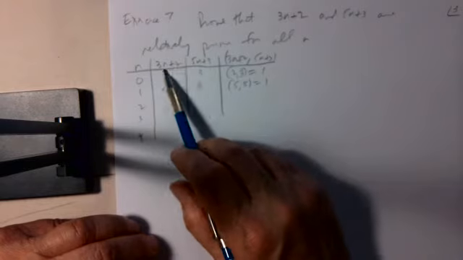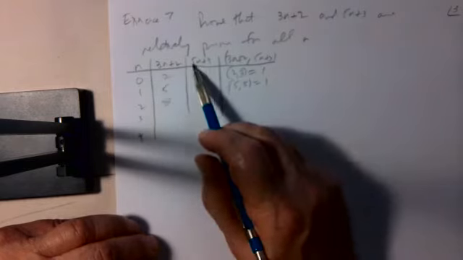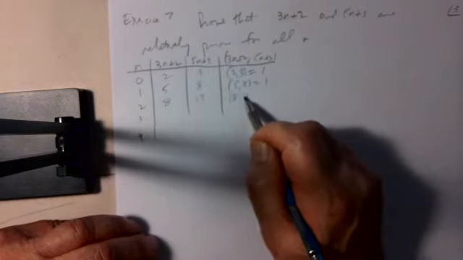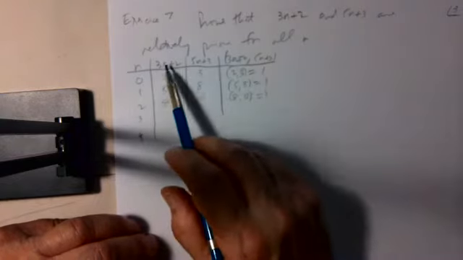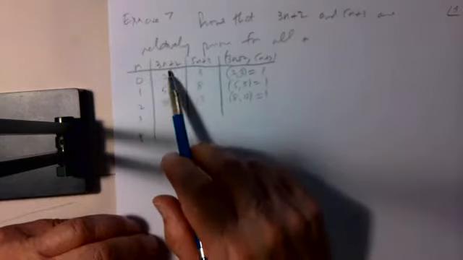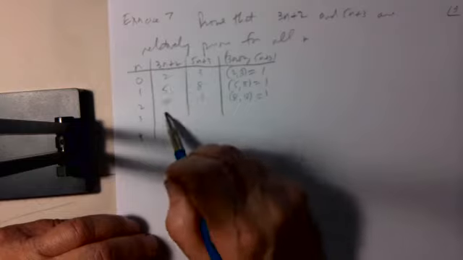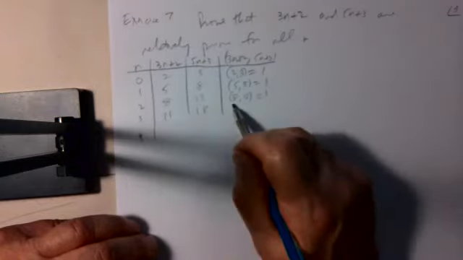What about n equal 2? 6 plus 2 is 8. 10 plus 3 is 13. The greatest common divisor of 8 and 13 is 1. What about n equal 3? When n is 3, this is 9 plus 2 is 11. This is 15 plus 3 is 18.